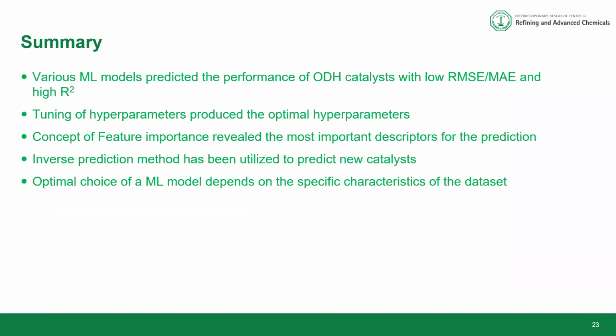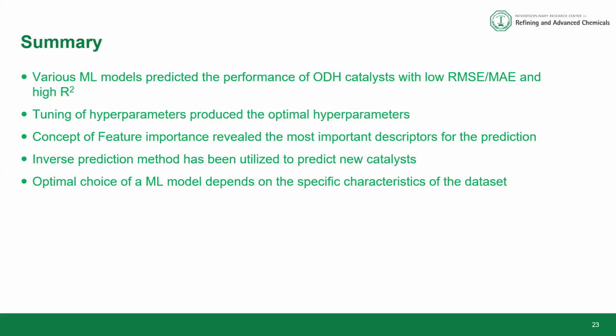To summarize what we have discussed, the various models predicted the performance of ODH catalyst with low RMSE values and high R-square values. The hyperparameter tuning produced optimal hyperparameters, and the concept of feature importance revealed the most important descriptors.